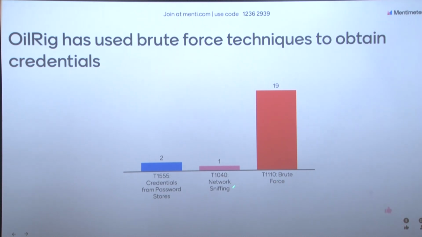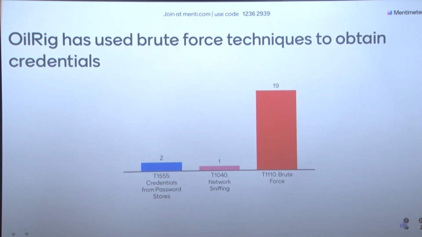There is no network sniffing being done. Network sniffing means when attackers try to capture the network traffic of the victim infrastructure to see what is being communicated and in transit in the network. Credentials from password stores: there are some password managers or applications that save your password, and many people save passwords in the browser. Such stores may help attackers collect credentials.